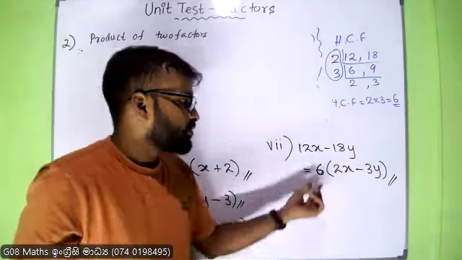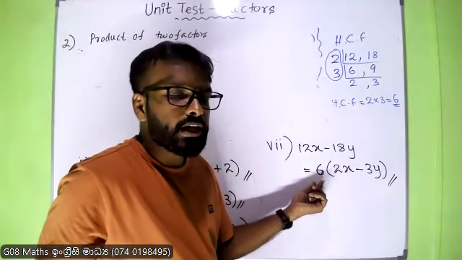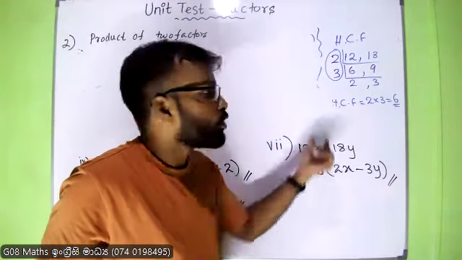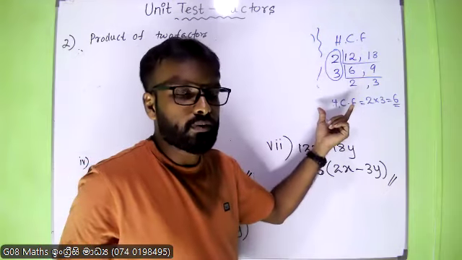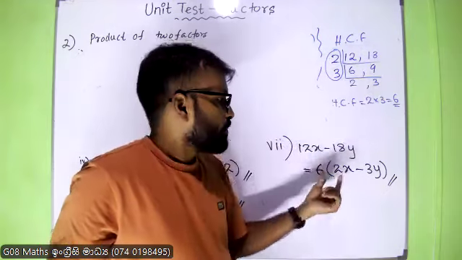If you can identify the highest common factor at once, there is no need to find the HCF. But if you have a doubt, then find the highest common factor like this. When you are going to grade 9, you will hurry.